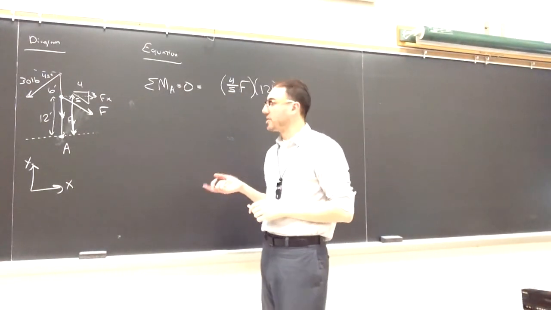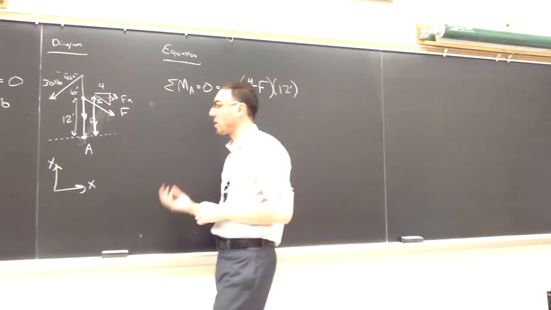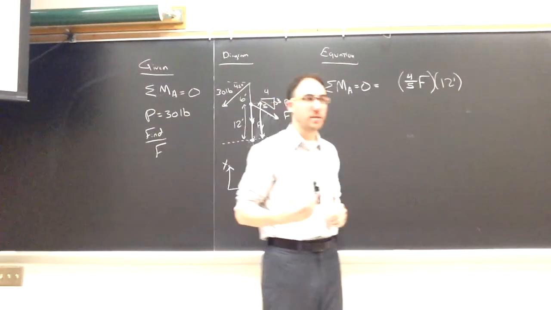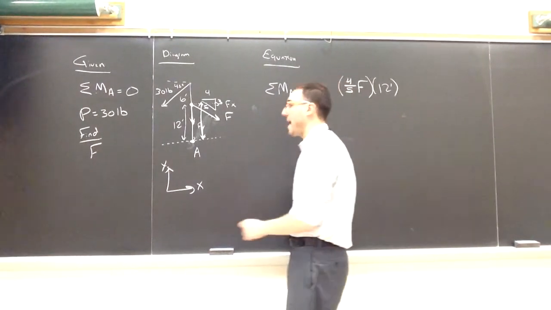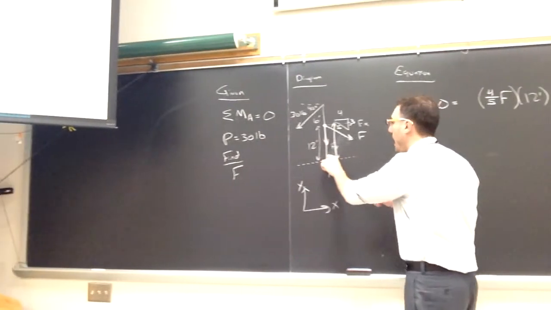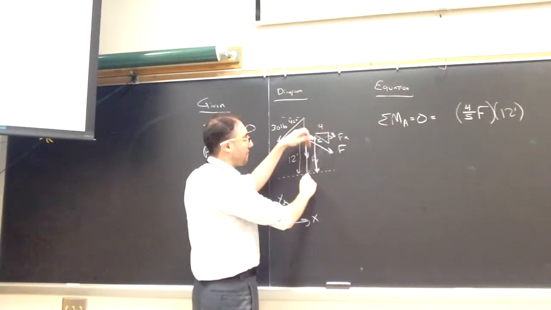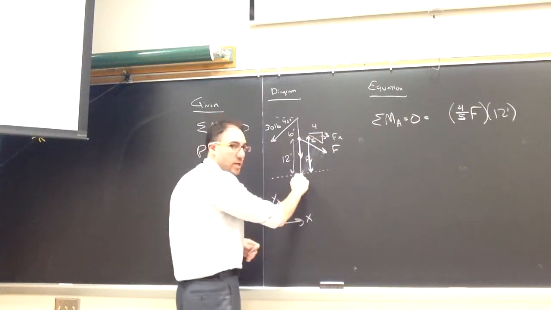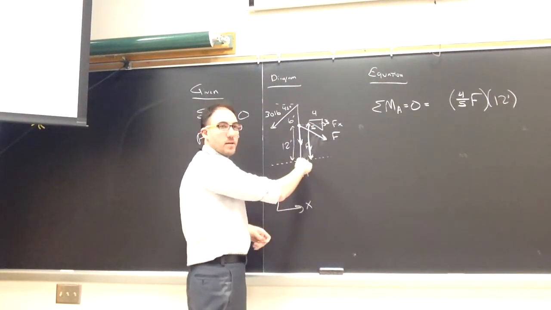Also, what we need when we're in 2D is to determine whether this will be causing a counterclockwise or a clockwise moment around our point. The way to do this, especially on paper, is to imagine holding our pencil at the point of interest A and pushing in the direction of Fx, which is to the right. Which way would the paper want to spin if we were just holding down on A?